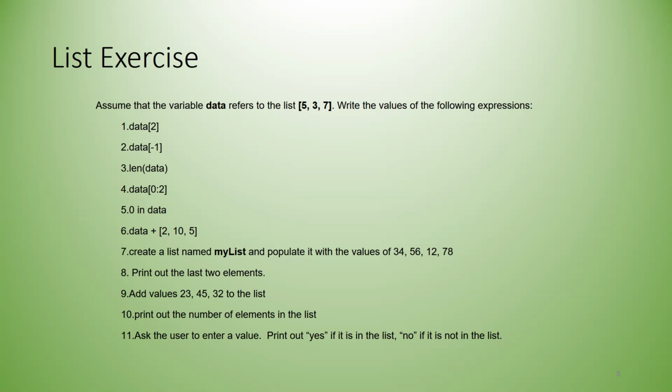Remember, always remember, when it's a range, the second argument is not included. So the element at index 2 is not included. So it's index 0, 1, which is 5, 3, right? 7 is not included. Yes, it ends before the index of the second argument.